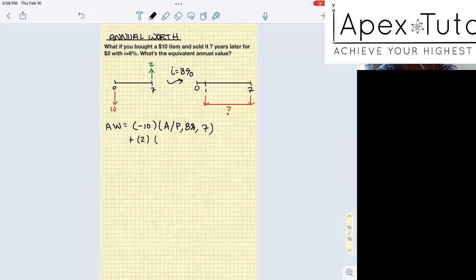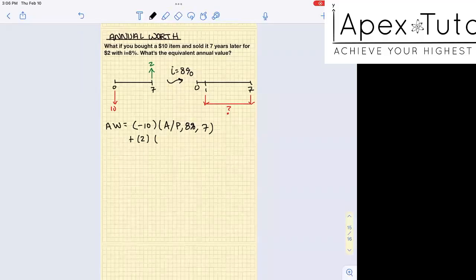Yes, but how would you label that lookup table? What do we want? What letter do we want? We want A, right? Yes, and what is it? F. Very good. What's the interest? 8%. How many years? 7.